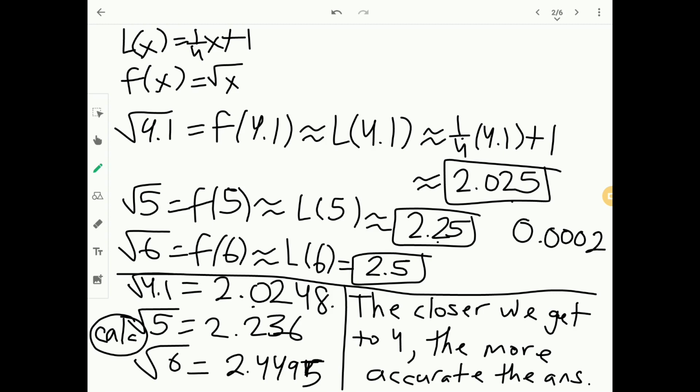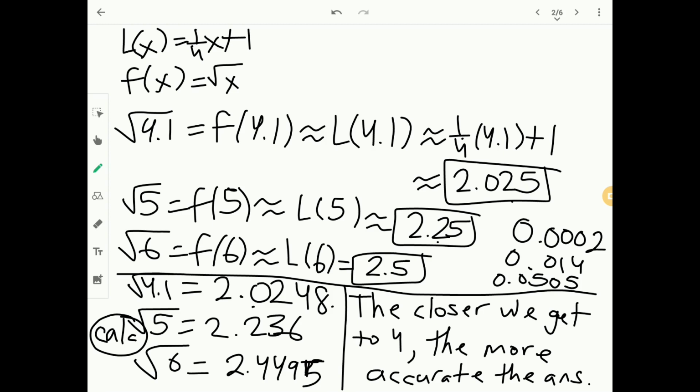The difference between this and this, 2.25 minus 2.236, would be a bit bigger, 0.014. And let's check the last one, 2.5 minus 2.4495. It's 0.0505. So as you can see, the differences are getting larger. So that shows that the closer we are to 4, which is the main point where we're taking the tangent, the more accurate our answers get.